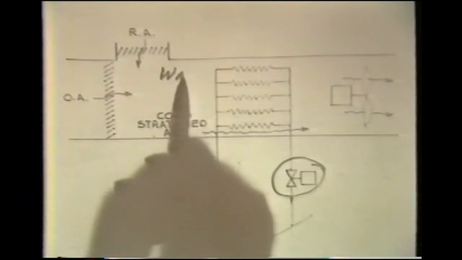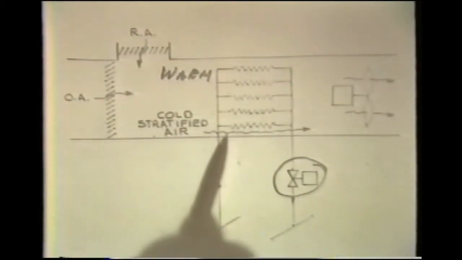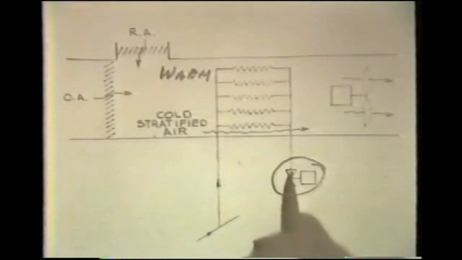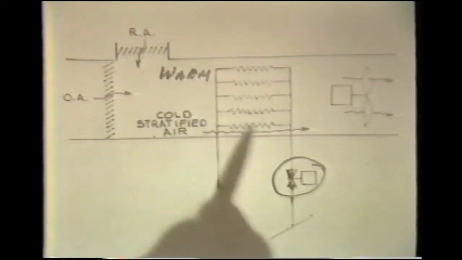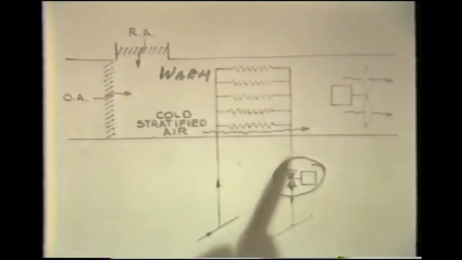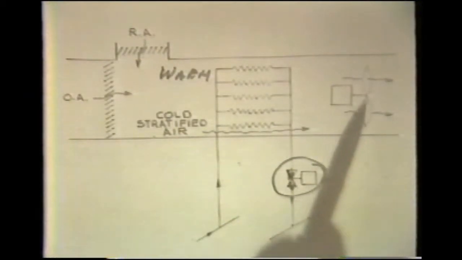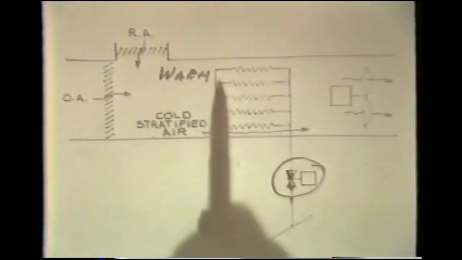Again, we have warm stratified air in one section of the coil, cold stratified air in the other, and should this valve close completely, we can very quickly freeze the section of the coil that has the stratified cold air moving across it.